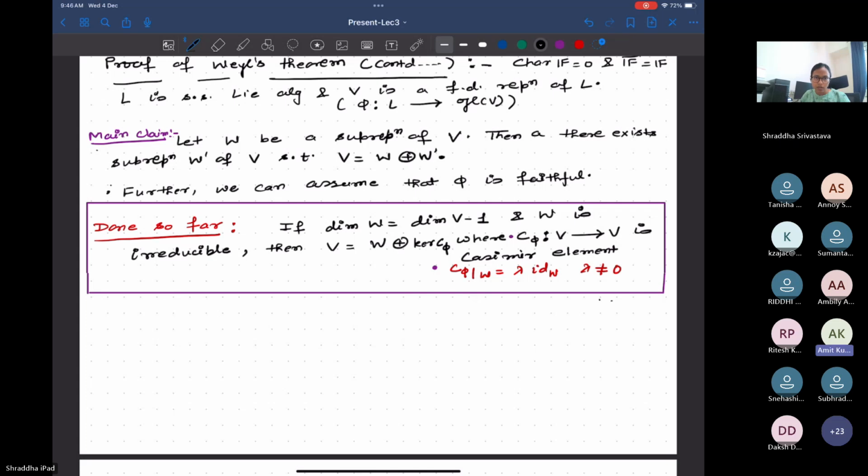There was another question. Can you please repeat your question? Is SL2C the unique simple Lie algebra of dimension 3, or is it unique up to isomorphism?